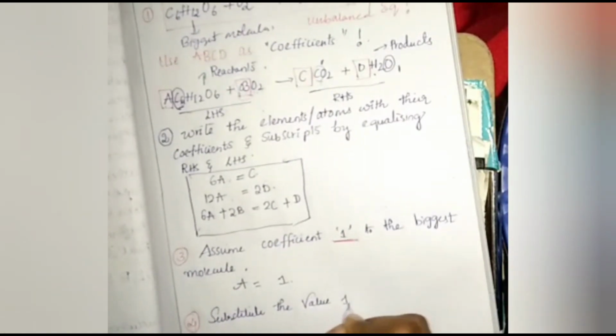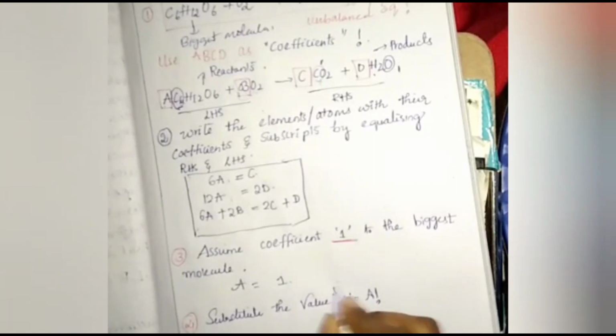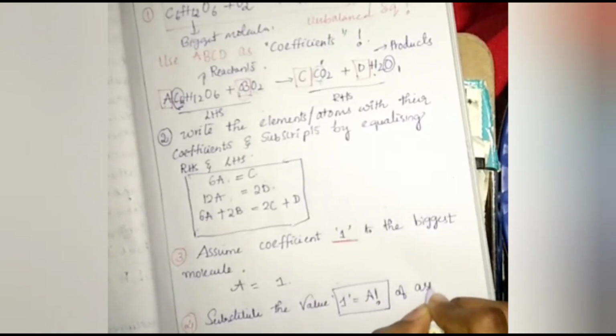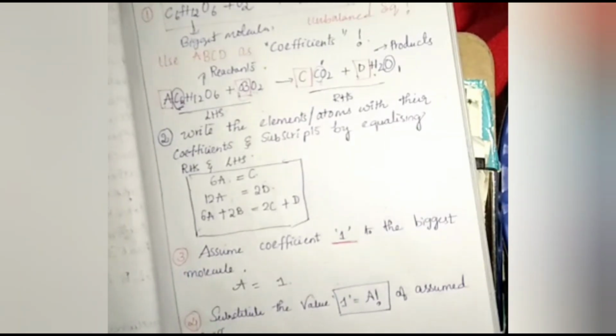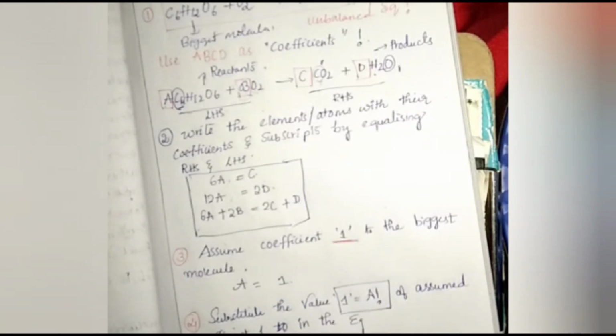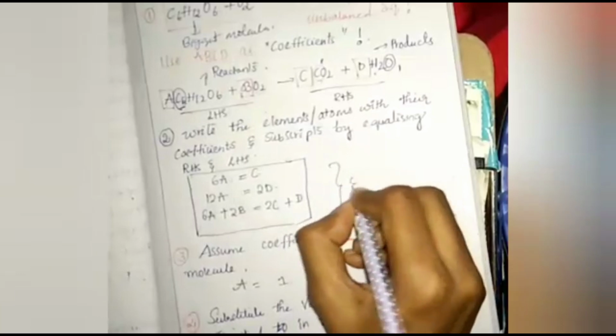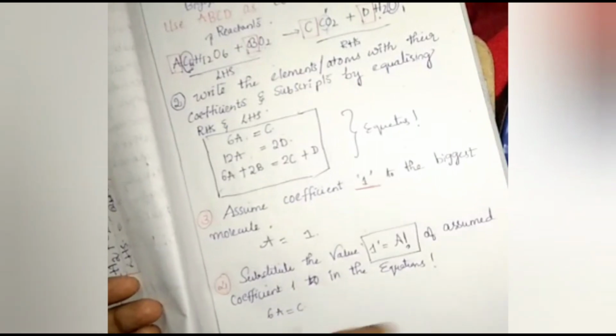Now the fourth step is to substitute the value. Whatever the biggest molecule's coefficient is, assumed as 1, substitute that value in the equations we wrote in the second step. Here we have 6A equals C, 12A equals 2D, 6A plus 2B equals 2C plus D. With A equal to 1, 6A equals 6 into 1, so C equals 6.